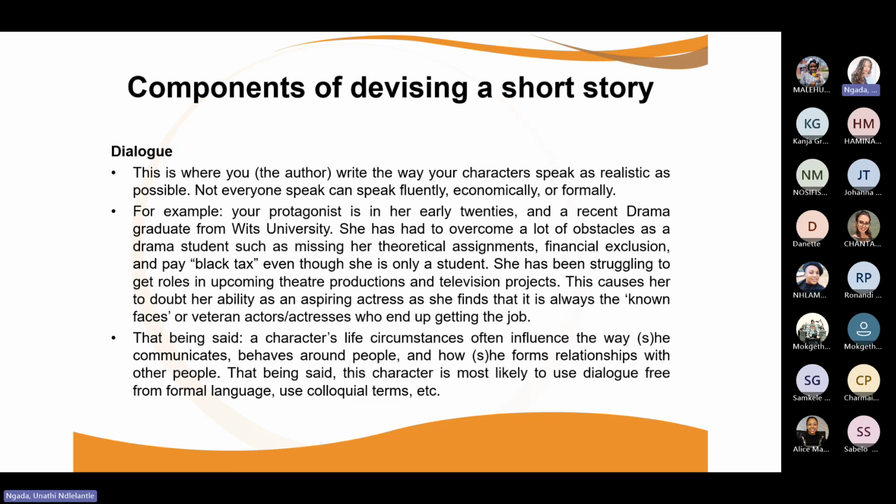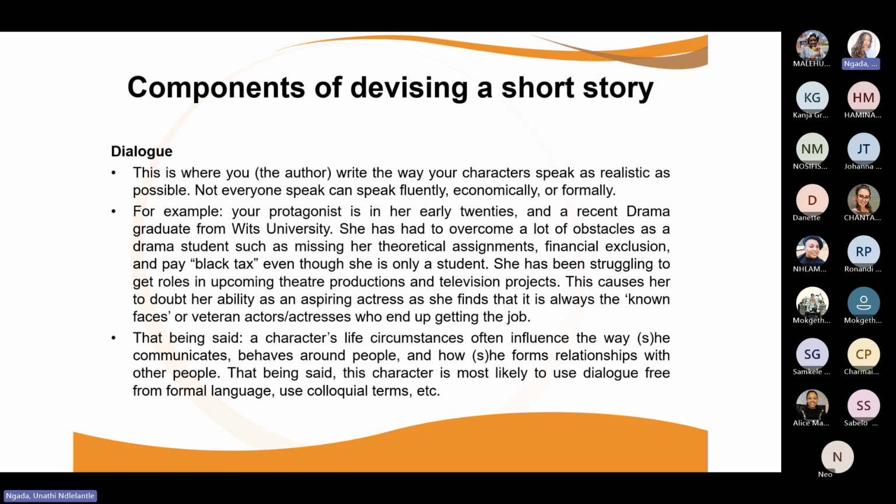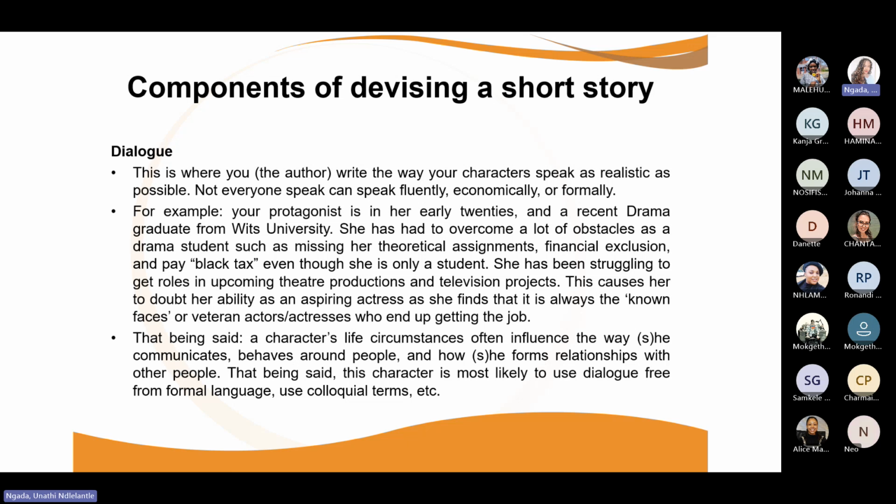So when you look at the components of devising a short story, first thing we're going to touch on is dialogue. With the dialogue, this is where you, the writer, are going to be writing the way that your characters speak, and you have to do this as realistically as you possibly can. I think there is a term for this, and it is called demotic writing. That's where you write exactly the way your characters speak.